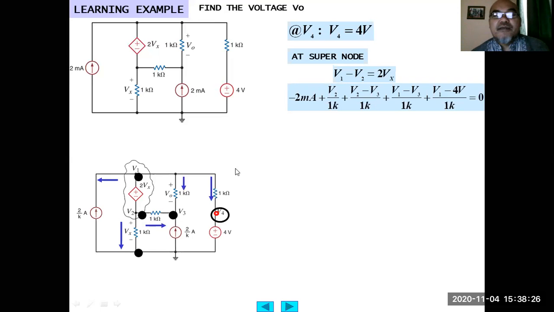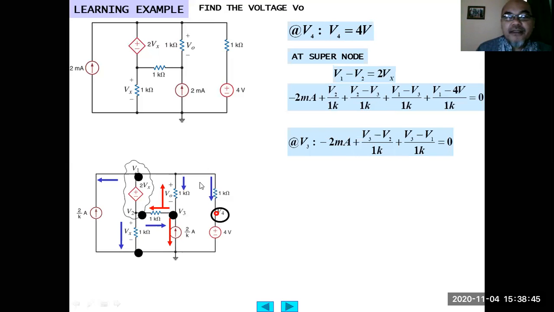Or we can immediately replace V4 using the first equation, V4 equals 4 volt. So we write this down as V1 minus 4 volt divided by 1K. Then we have another node here at V3. Negative 2 milliampere, because the current is entering into the node V3, plus V3 minus V2 divided by 1K, plus V3 minus V1 divided by 1K equals 0.